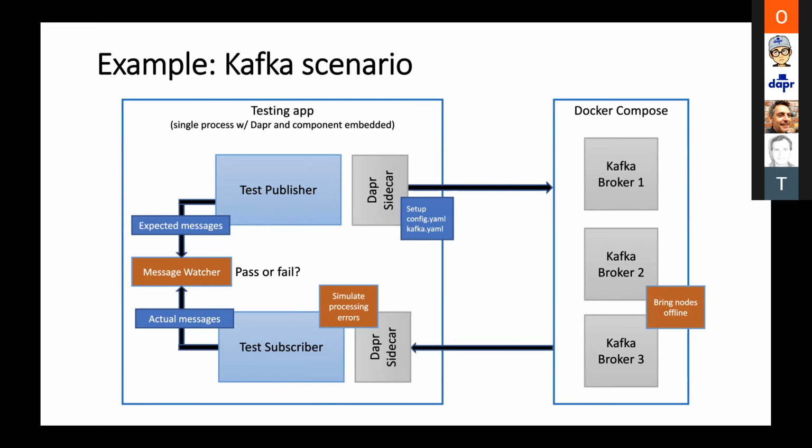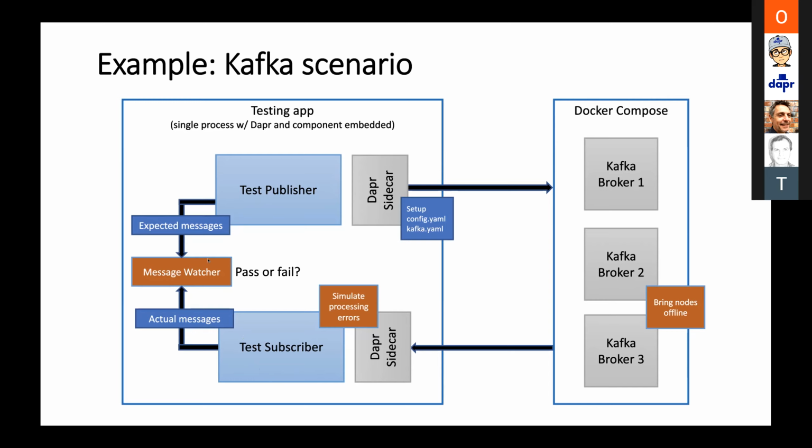So for this particular case for Kafka, this is the test app. We have a test publisher that the test writer would be writing. In this case, we are expecting certain messages, and we're sending some messages. The same goes for the test subscriber side, where the test writer has to write that as well.